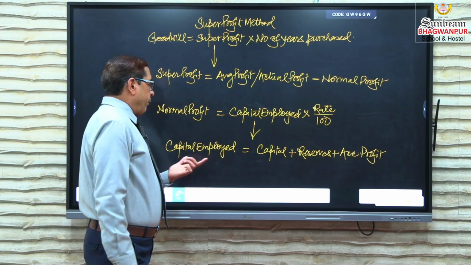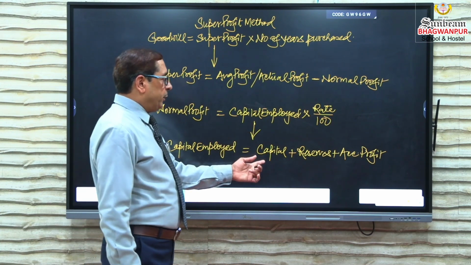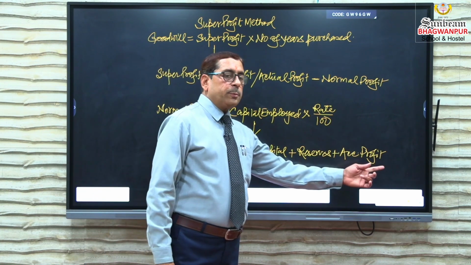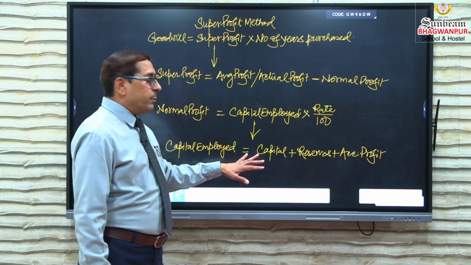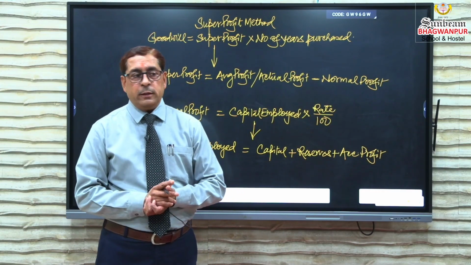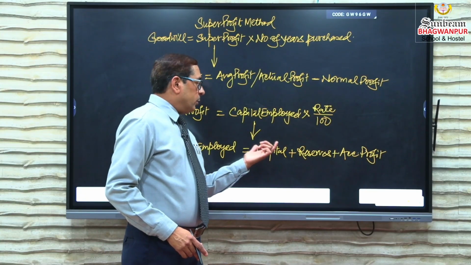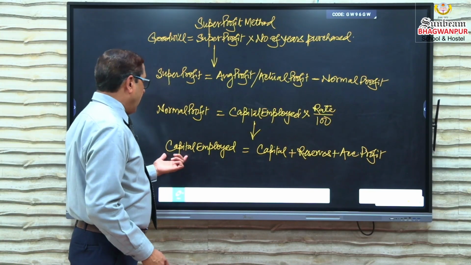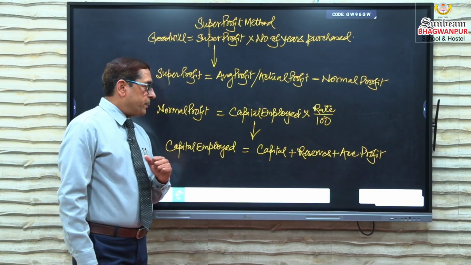This is the way to find out capital employed. Capital, reserves, accumulated profit. Even in the capital employed, if some current year's balances are also given, that is to be added while calculating the capital employed.